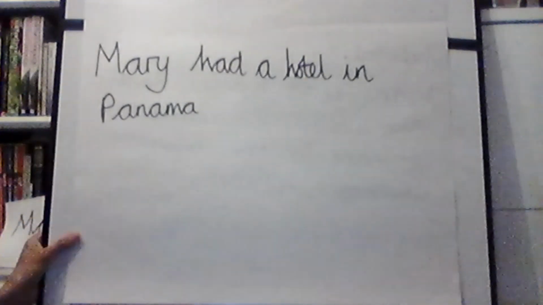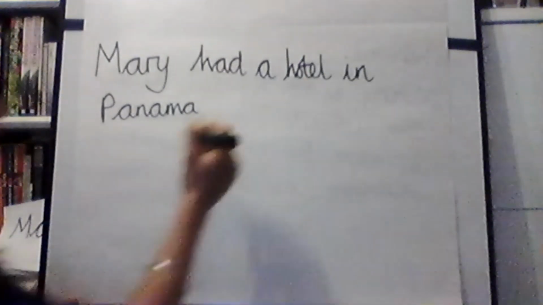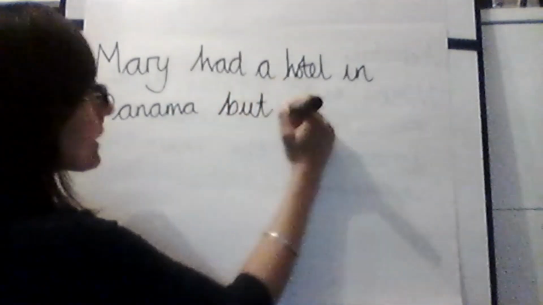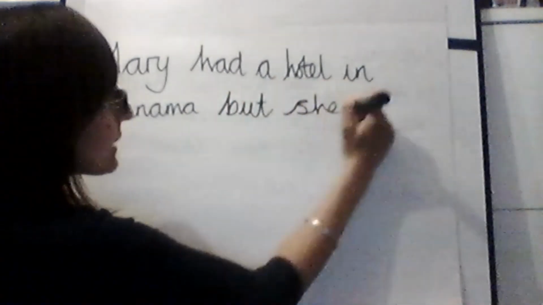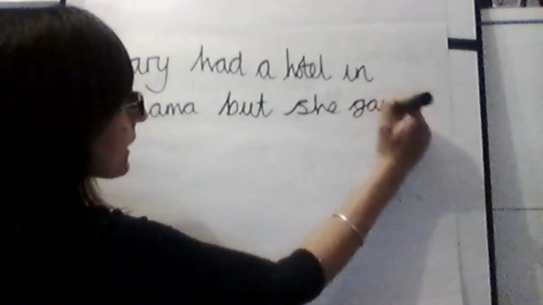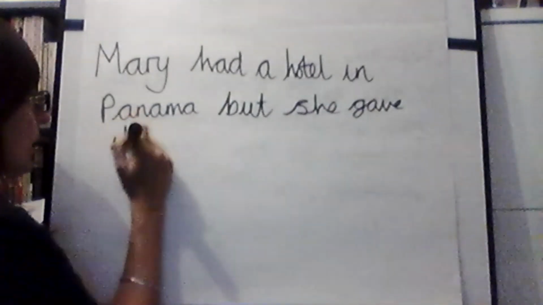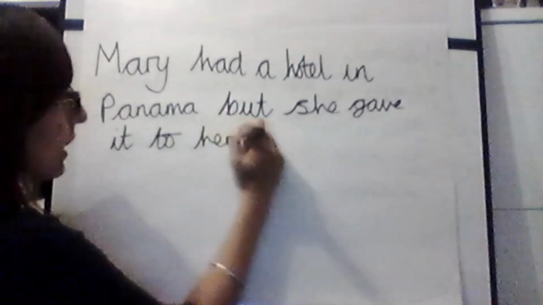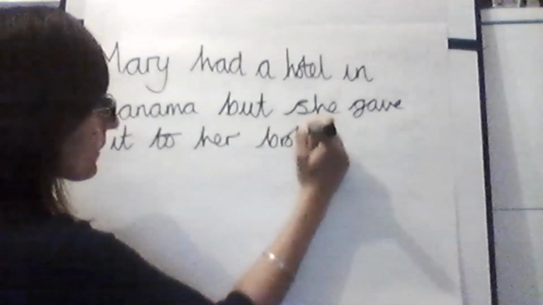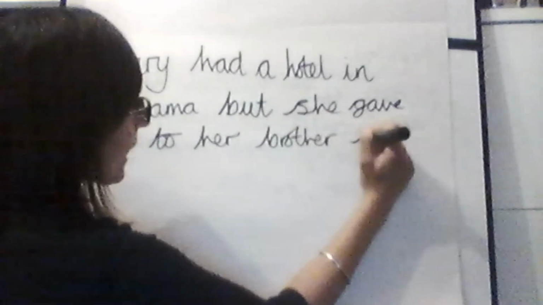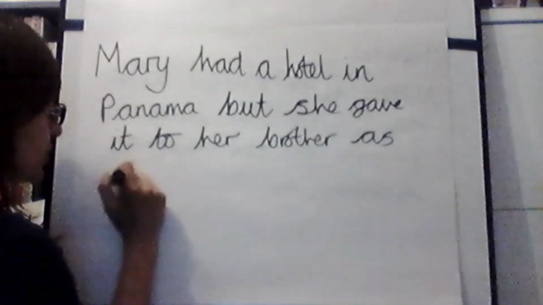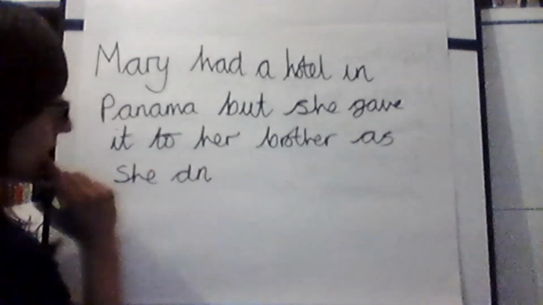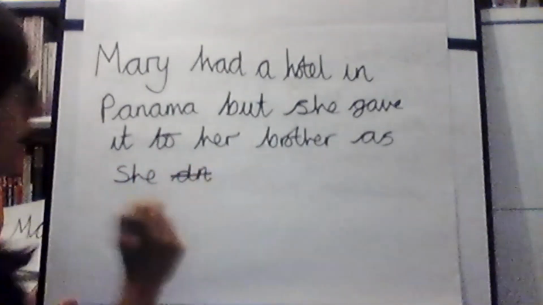Mary had a hotel in Panama, but she gave it to her brother as she, that's not correct. Let's cross it out and start again.